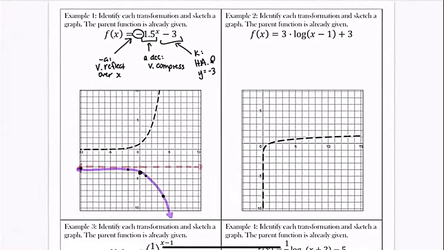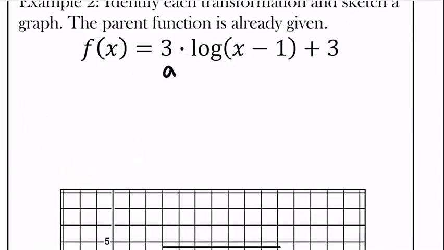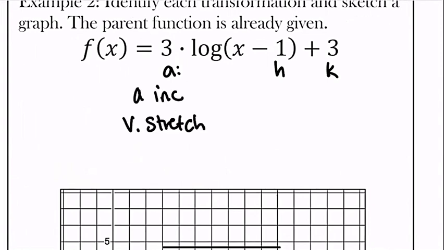So on example number 2, it says identify each transformation and sketch a graph. I'm going to label, here's A, H, and K. A is a 3. That means it increases our parent function. A is 1. And if it increased, that means we have a vertical stretch by a factor of 3.